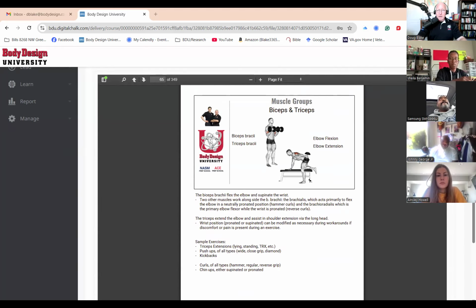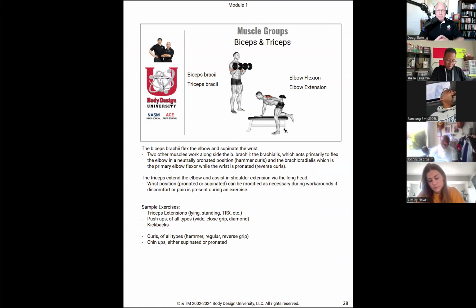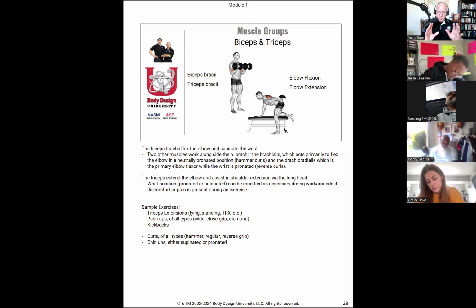Okay, folks, just a couple of things before we talk about the biomechanics or the kinesiology of the biceps and the triceps. They are fairly straightforward, and you don't have a whole lot to consider when you're talking about exercise performance, not like when we're talking about larger muscle groups like the pecs, which would be compound exercise movements, or the lats, again compound exercise movements. Here, we really have to be careful.